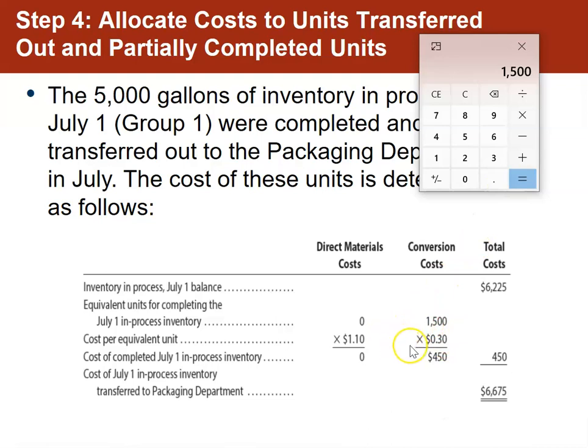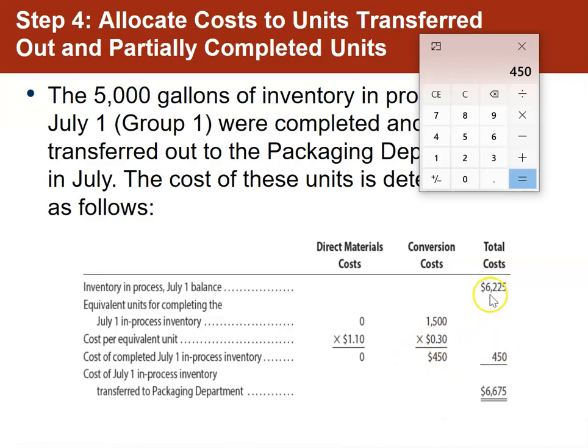If you recall, they gave us the cost for conversion as like 17,775 or something like that, and we divided it by the 59,250. Anyway, we came up with 30 cents. So if we multiply 1,500 by the conversion cost per equivalent unit of 30 cents, we come up with $450.